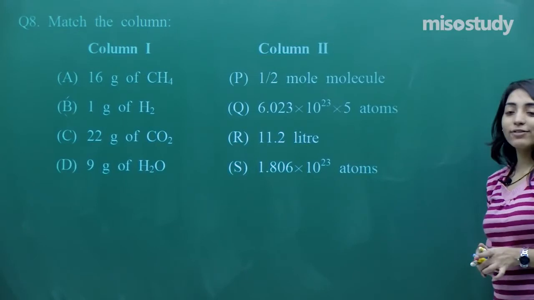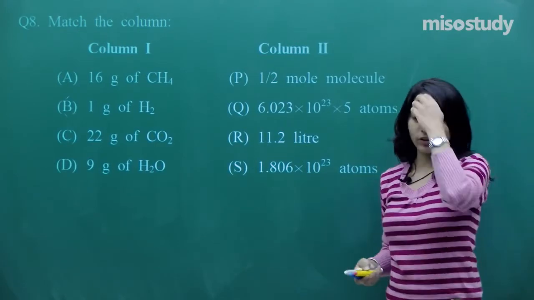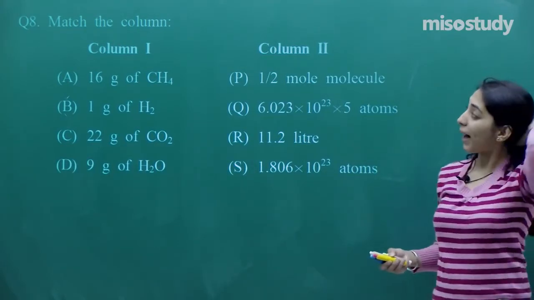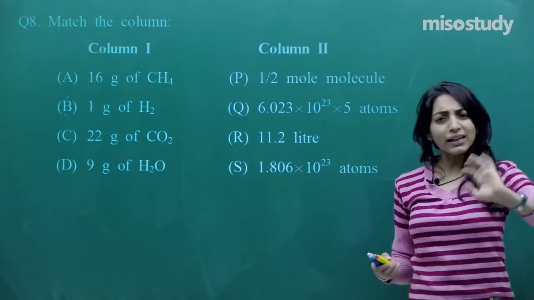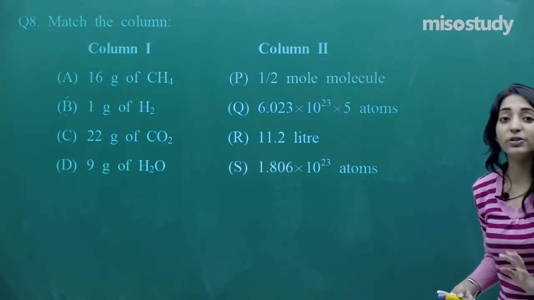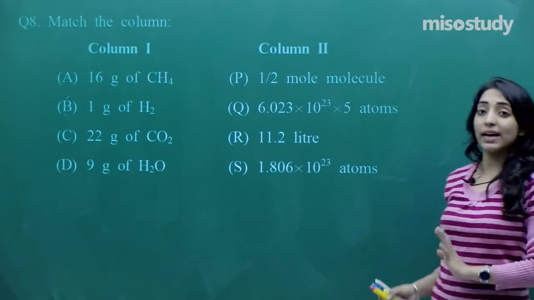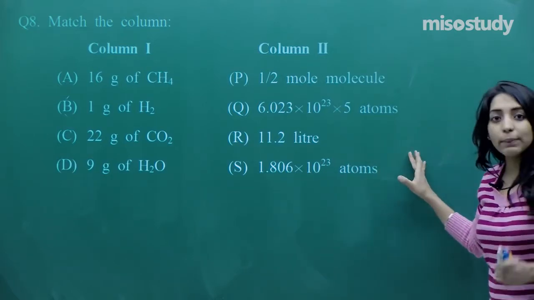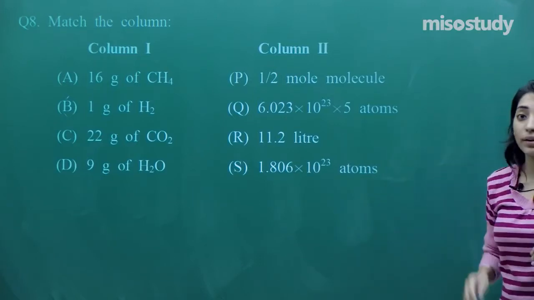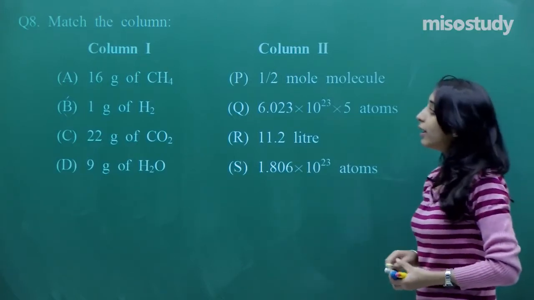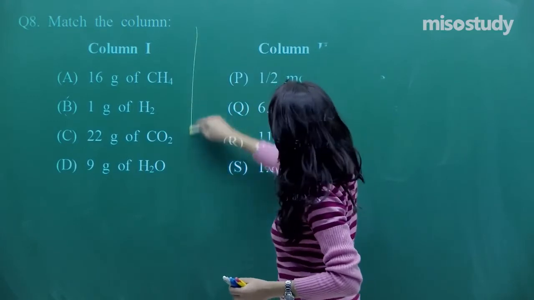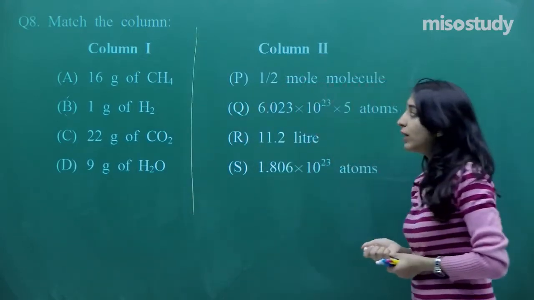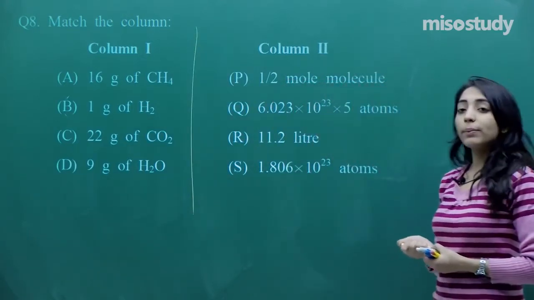So this time I have taken another pattern question for you, and this is match the following. I'll tell you how exactly you should be proceeding with the questions which are of the type match the following. The question you will find is easy, but I'll tell you where the students are going to commit the mistakes. So you have column number 1 and column number 2, and let us start with option number A.